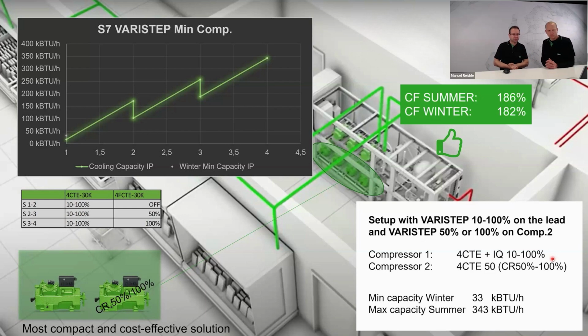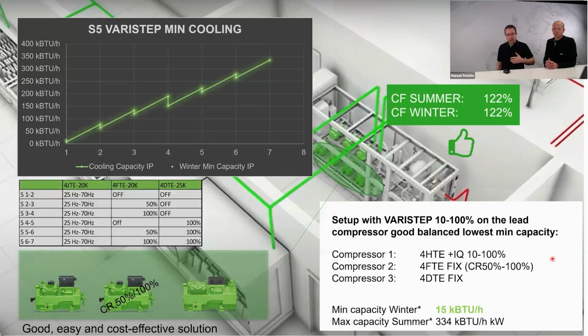With 2 compressors, one 10 to 100%, the other one 50 to 100% with equal displacements installed, you can go down from 33 to 334 kBTU with only 2 compressors versus 8 in the other case.